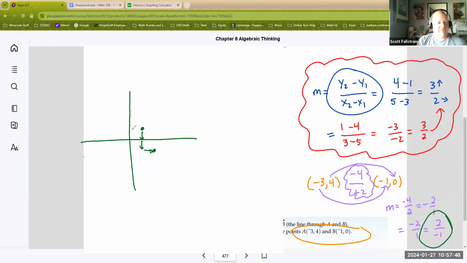So now if I have a positive y value, I would go up 2, but the bottom is negative, so I have to go left 1, and I would get another point. So what I want you to see is that the points that you create are on the same line. So it doesn't matter which way you're going with the slope as long as you use it properly.